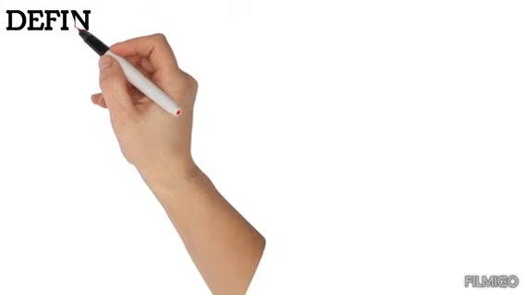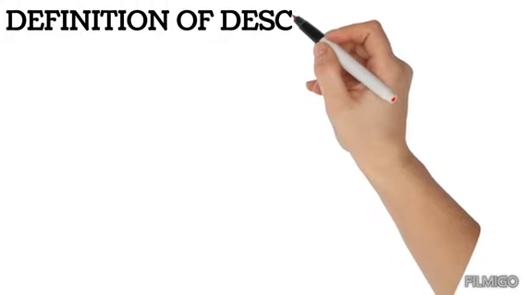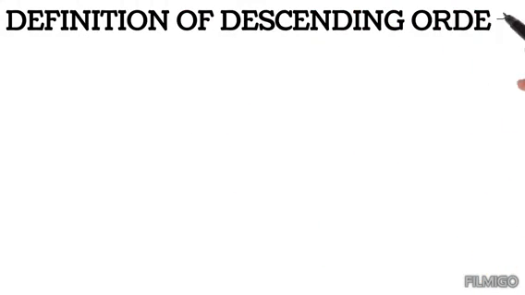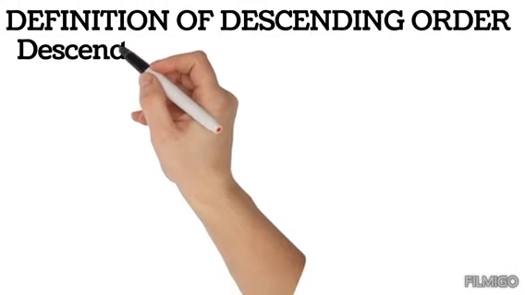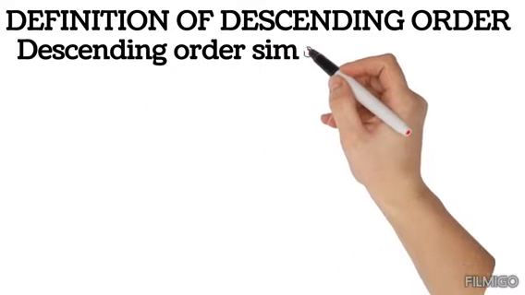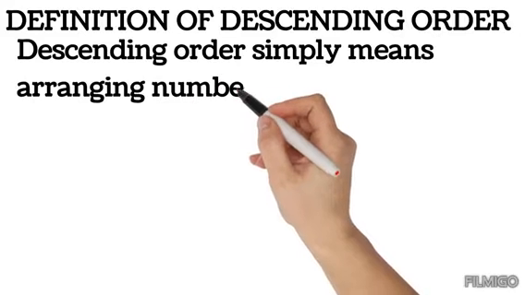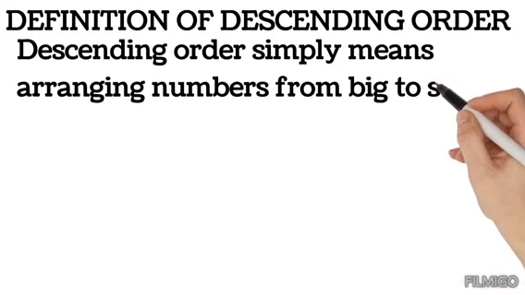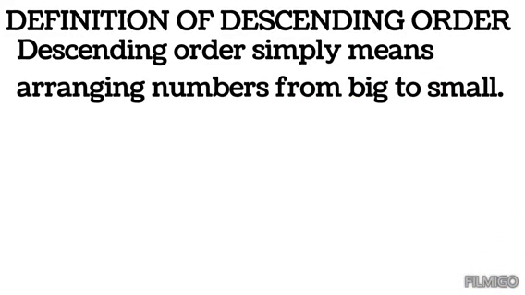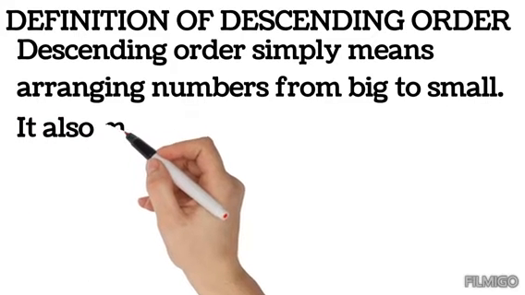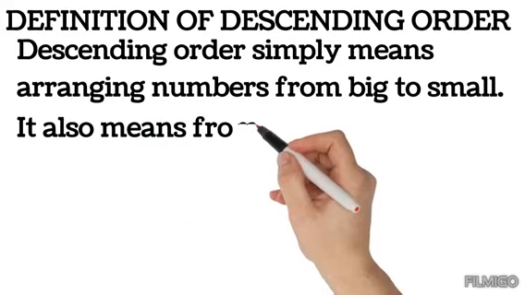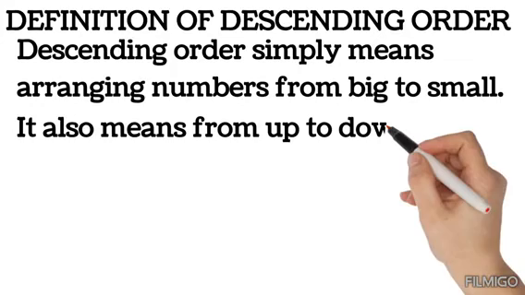Now let's look at the first one, which is definition of descending order. Descending order simply means arranging numbers from big to small. It also means from up to down.